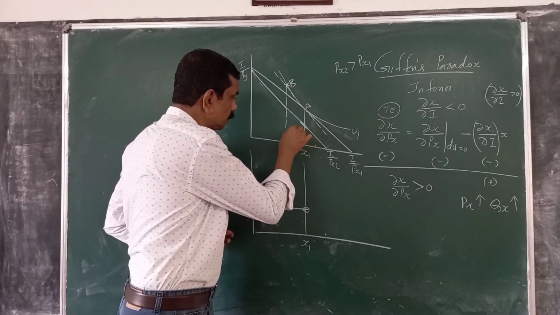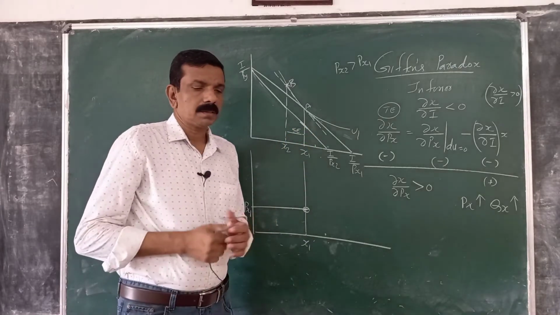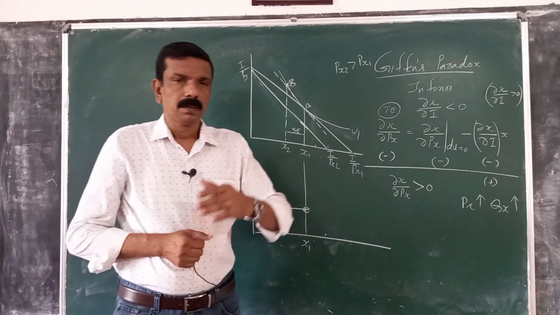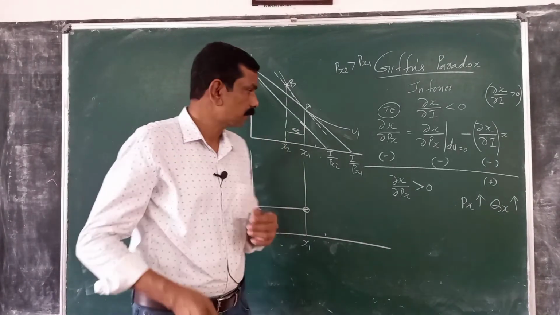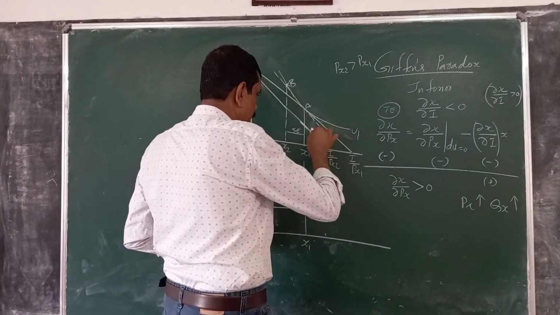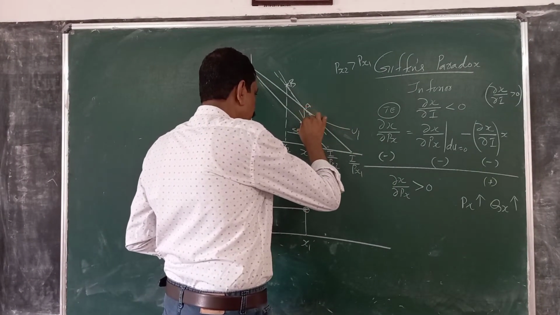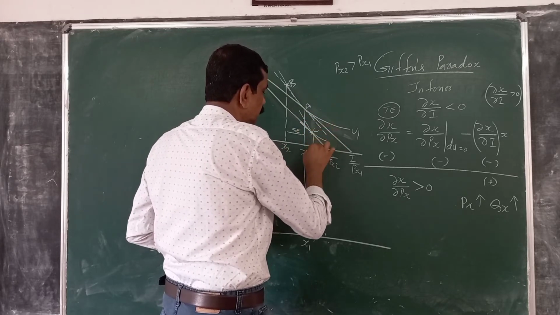This is the substitution effect. But the income effect is very strong, so that when the real income is reinstated, our consumer moves to point C, where quantity is x3.